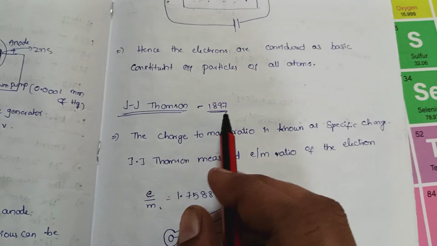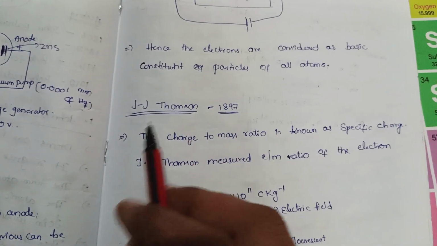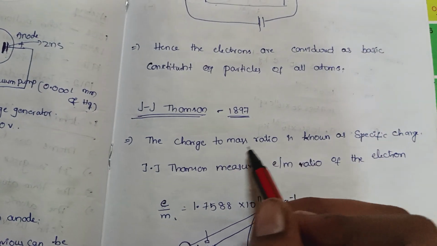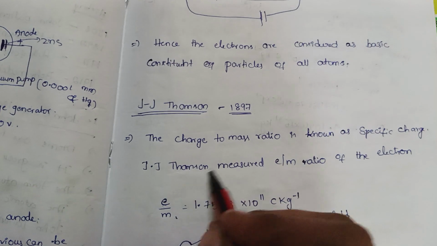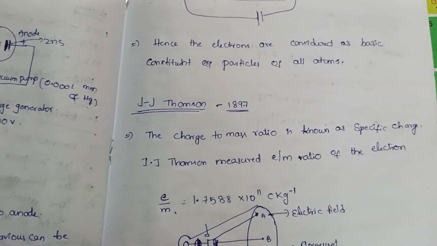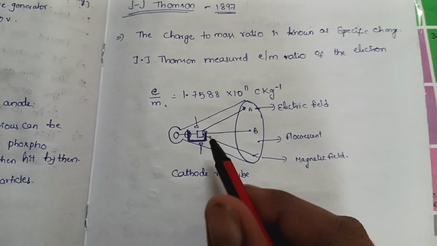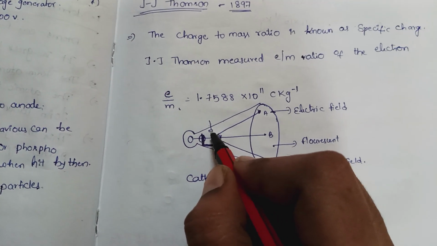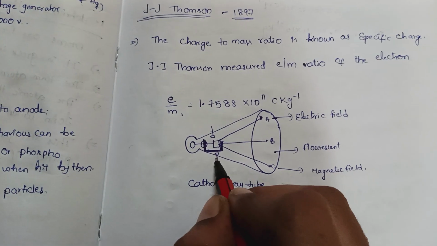In 1897, J.J. Thomson calculated the specific charge of the electron by using the cathode ray experiment. Here he placed an electric field and a magnetic field.